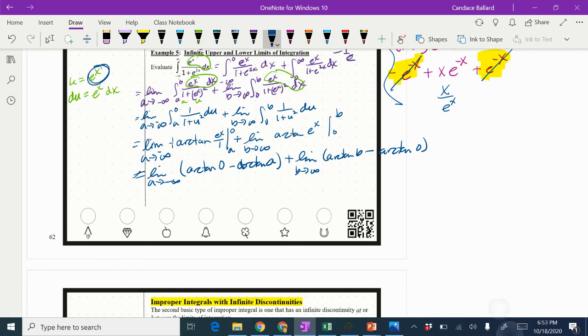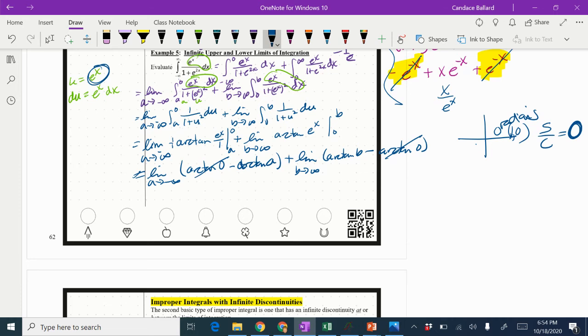Okay, so the arctangent of 0 has to be where sine over cosine equals 0. So I know that that's at 0 radians, just like we saw earlier in the lesson. So I know that this has to be 0 and this has to be 0, so they both go away.